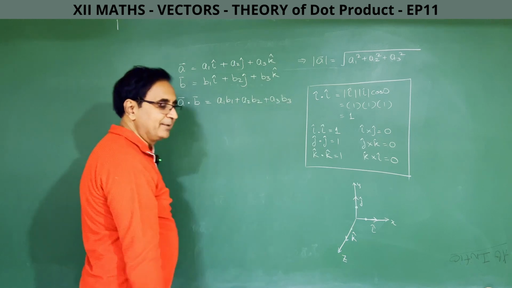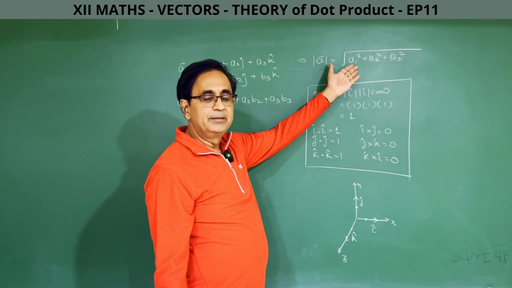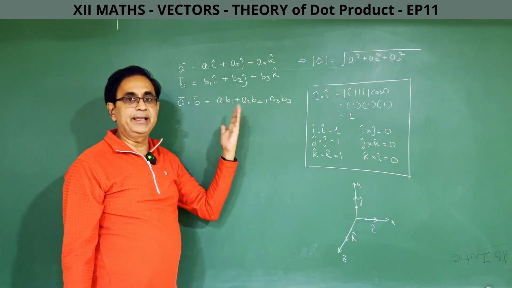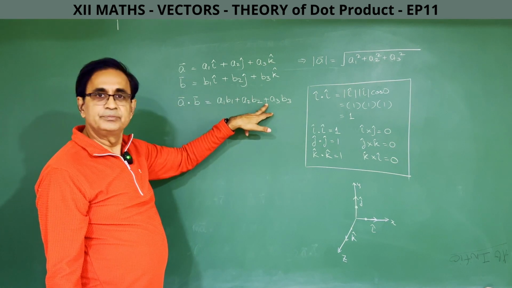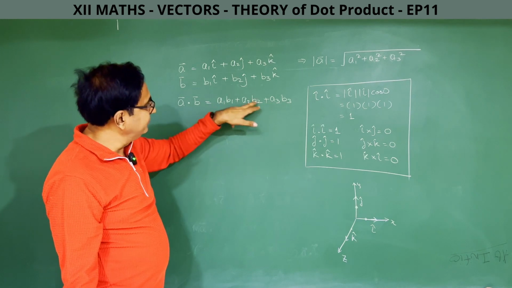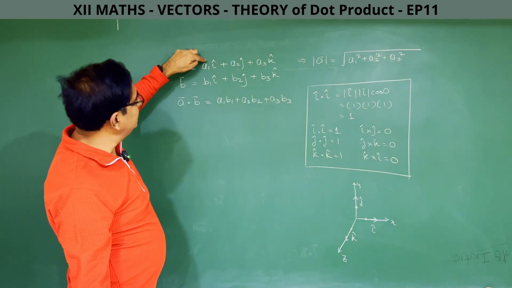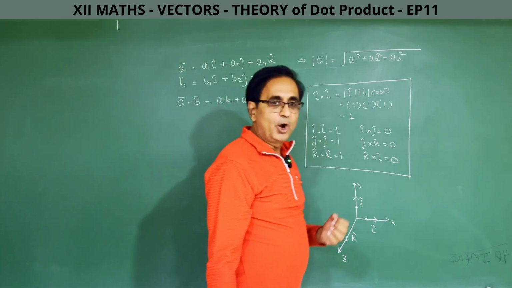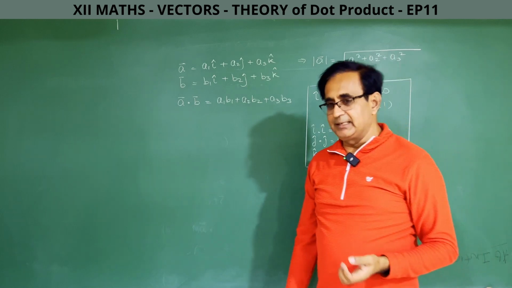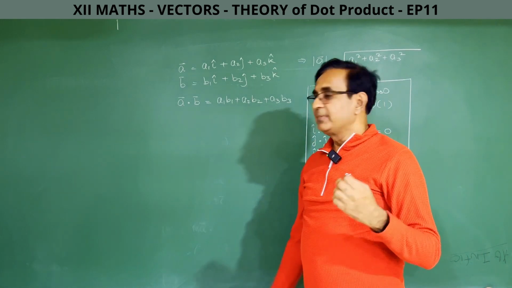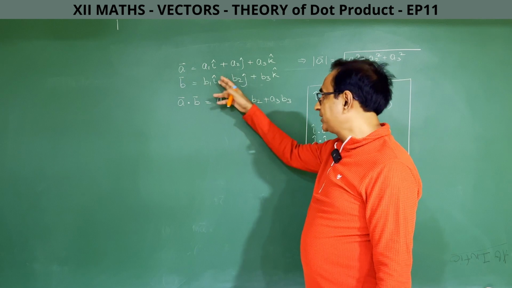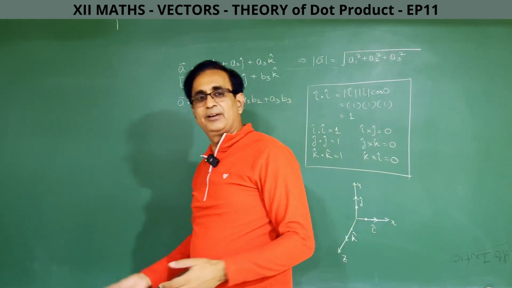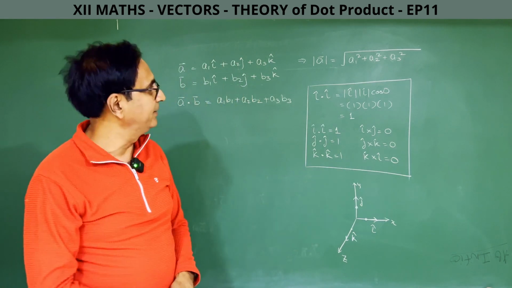So let us make this into a one-line poem in English as well, like we did for the other one. Dot product of two vectors which are expressed in terms of i, j, k is the sum of the products of the coefficients of i's, j's and k's. Let me repeat. Dot product of two vectors expressed in terms of i, j, k is the sum of the products of the coefficients of i's, j's and k's. It looks a little funny and that helps you to remember it.